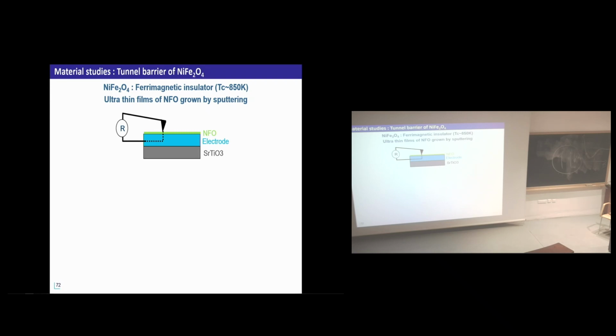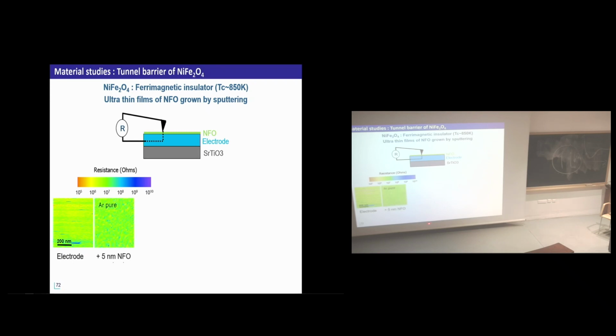This is another example. This material is a ferromagnetic insulator, and we wanted to grow thin films on an electrode to fabricate spin filters. So we had to characterize these very thin insulating materials, and it's usually not that easy. But here, if you use the scanning resistance microscope, here you have the measurement on the bare electrode.